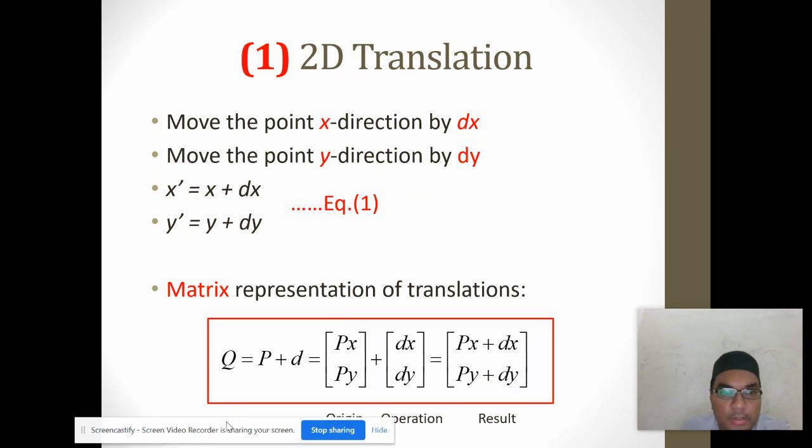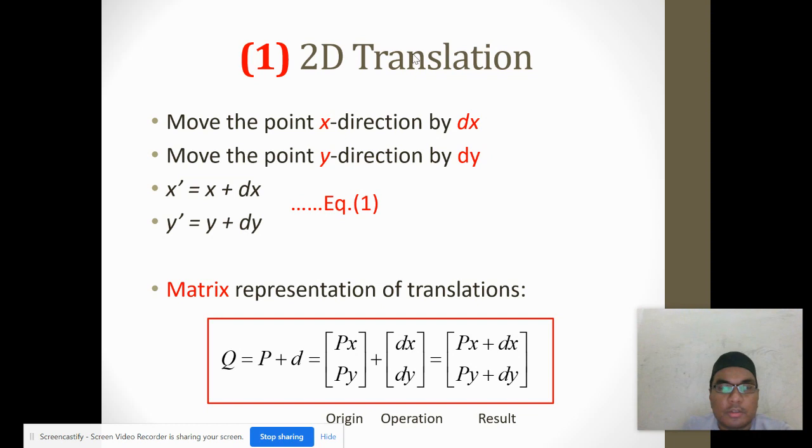Okay, the next one is the 2D translation, the first transformation, where we want to move the point in the x direction by dx, and move the y point by dy. This is very simple and straightforward: you have the original coordinate xy and a translation value, you just add directly, and you will get the x dash and y dash coordinates.